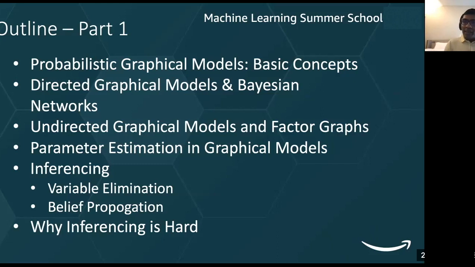Following this, we will touch upon undirected graphical models, factor graph, and also discuss this in the context of Markov networks. Subsequently, we will discuss how to do parameter estimation in graphical models and also discuss the inferencing problem. We will close out the first part with a discussion on why inferencing is hard. And in part two, we will continue the discussion on what methodologies can be employed to make inferencing practical for real-world problems.